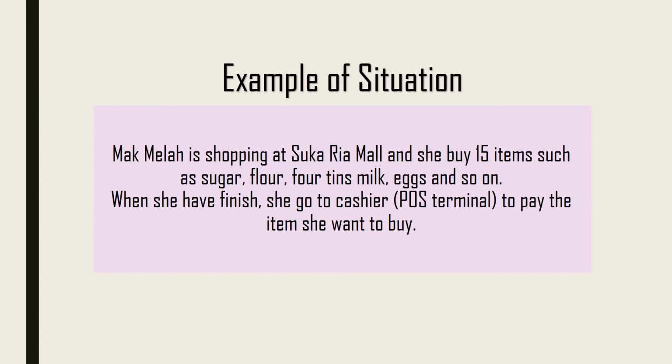Mak Melah is shopping at Sukaria Mall and she buys 15 items such as sugar, flour, milk, eggs, and so on. When she has finished, she goes to the cashier to pay for the items she wants to buy.